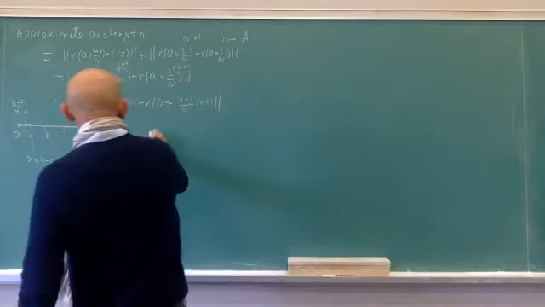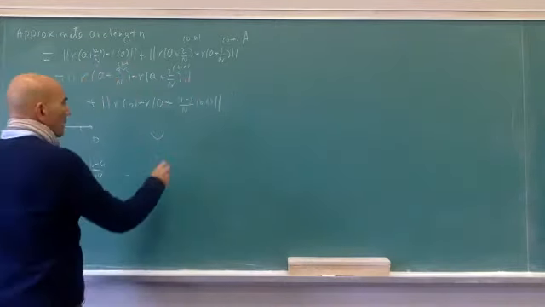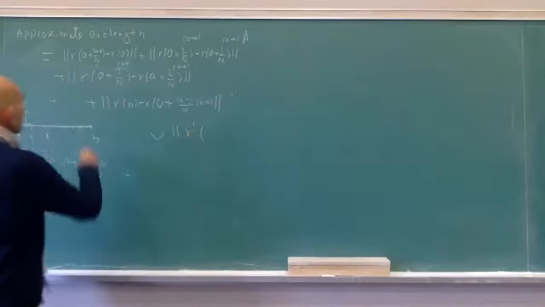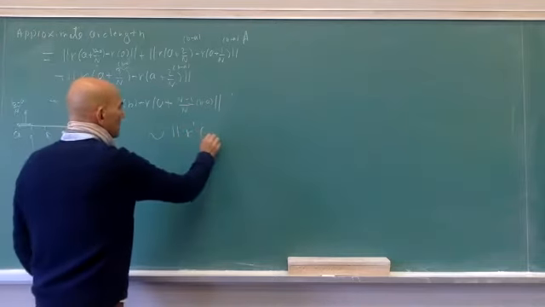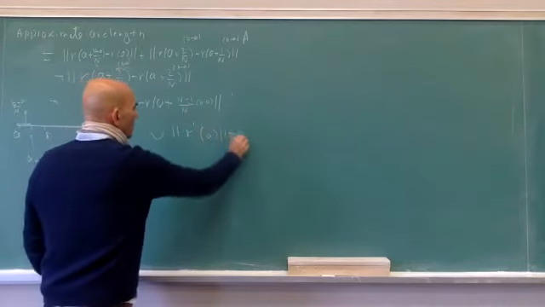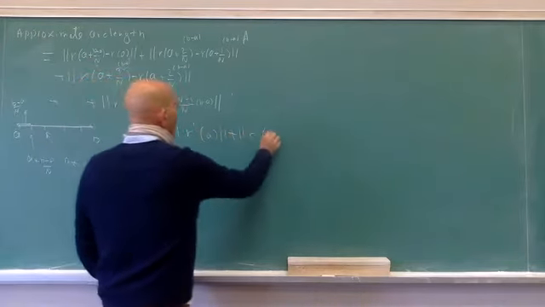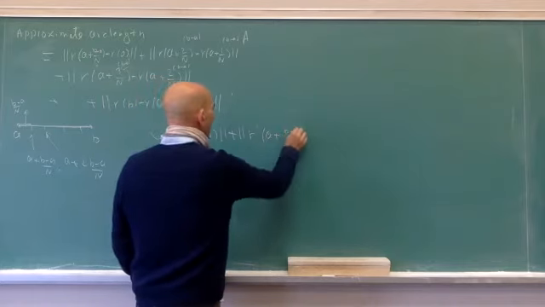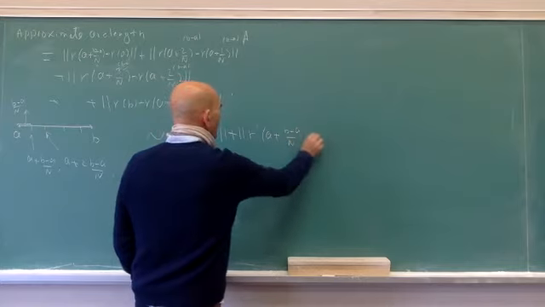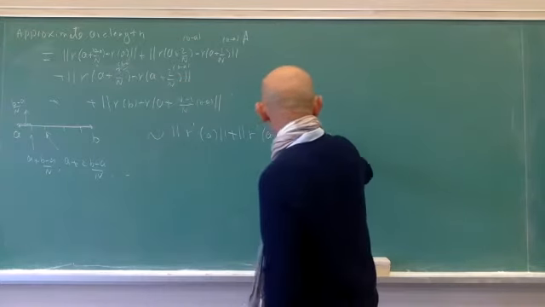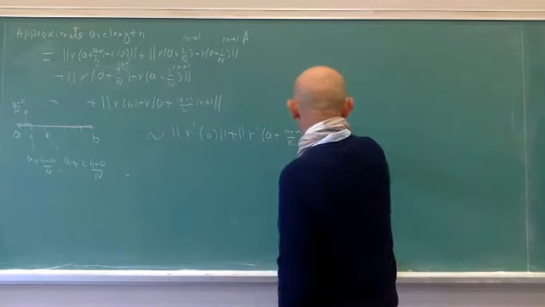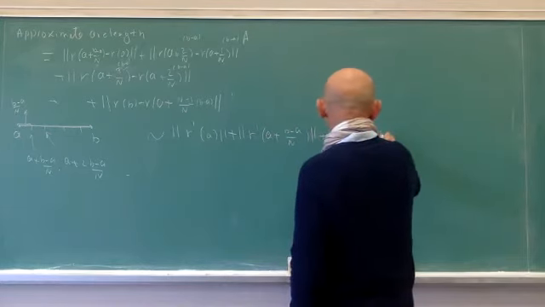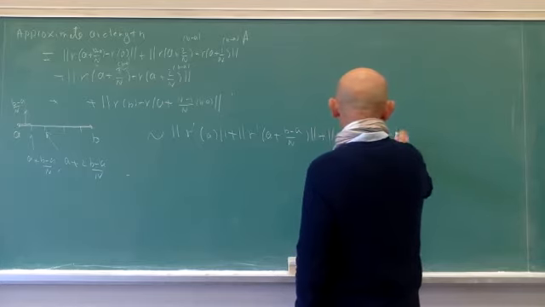So this is approximated by the norm of r prime at a, plus the norm of r prime at a plus (b minus a) over n, plus the norm of r prime at a plus 2 times (b minus a) over n.